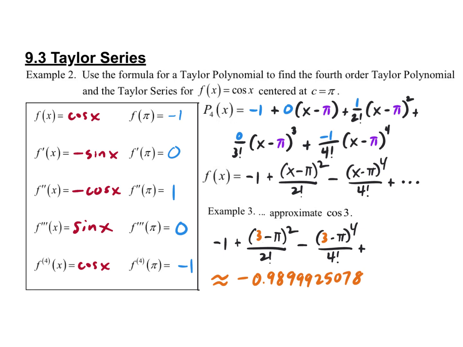And I think what's important about this is to realize what the actual cosine of 3 is. I mean, that's very close. That's a good approximation, right? And we only used 3 terms. I mean, we're down 1, 2, 3, 4, 5, 6 places.